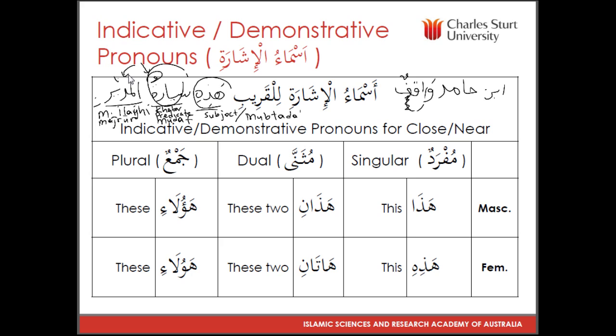Darraja is bicycle. Because the person's name is always in the genitive anyway, isn't it? If it is masculine, yeah. Hadihi jadida. So the bike is, this is new.